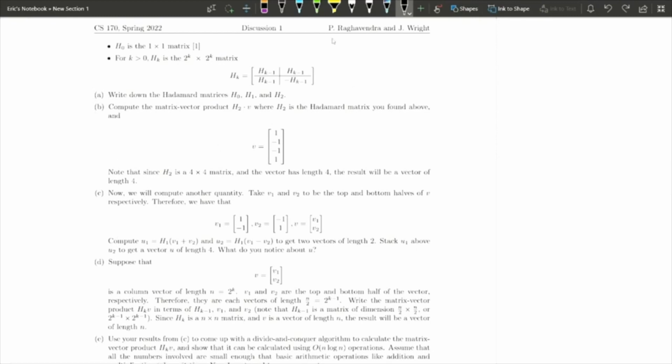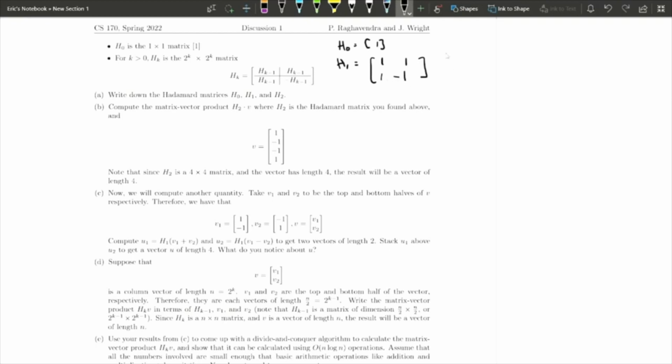However, let's get started. So H0, as we're given in the base case right here, is just a 1 by 1 matrix. And then H1, this is a recursive definition of matrices. So let's take a look. For H1, the top left is just H of k minus 1, which is H of 0, which is 1. Same as these two quadrants, and we take the negative here.